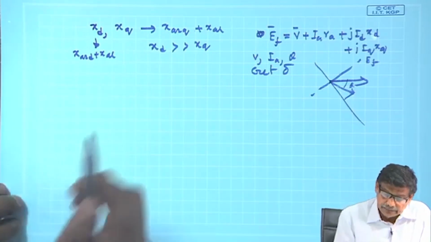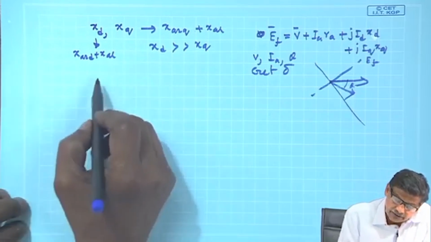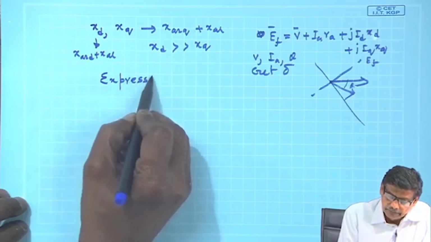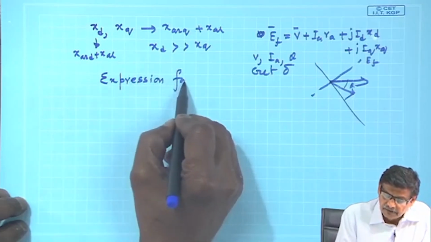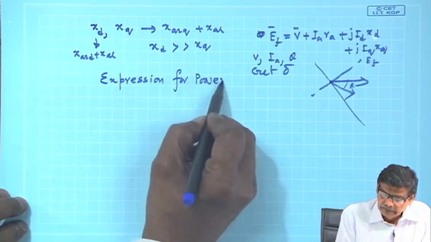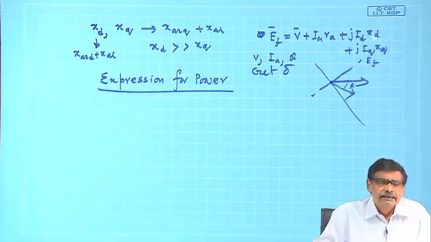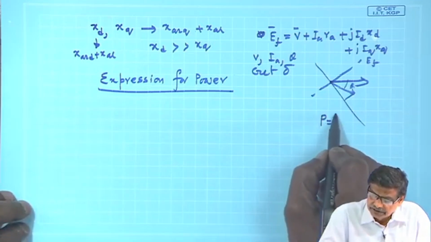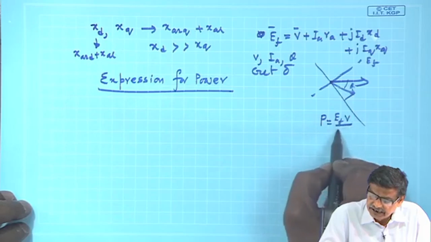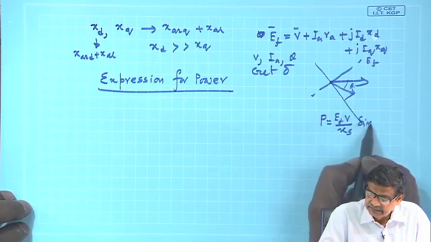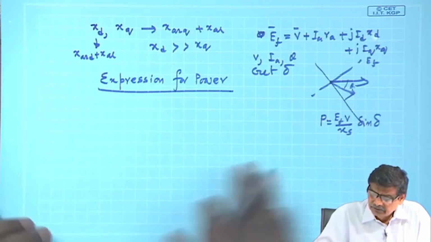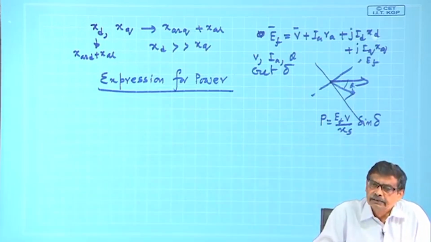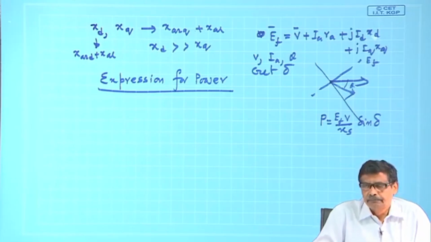Now, today another important thing I will do: the expression for power. Like in the cylindrical machine, we found that the real power was equal to Ef V by Xs sin delta, where delta is the angle. Similar expression we will try to derive for a salient pole machine.